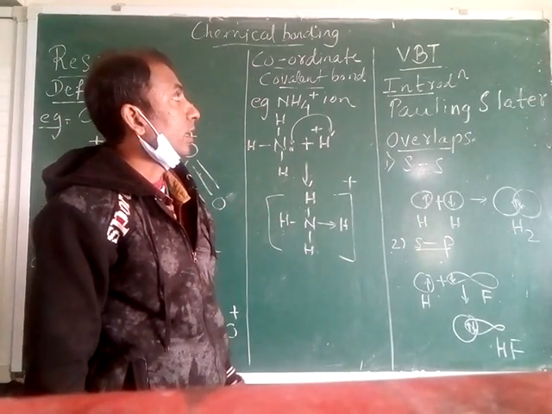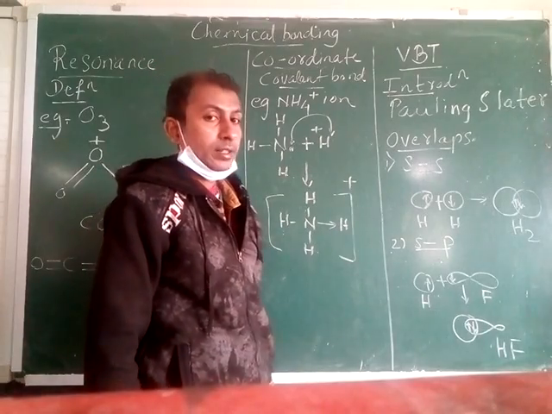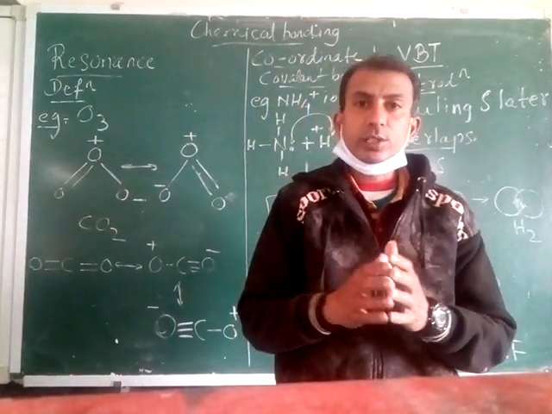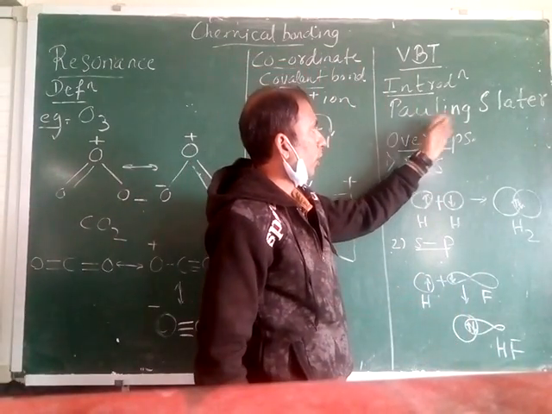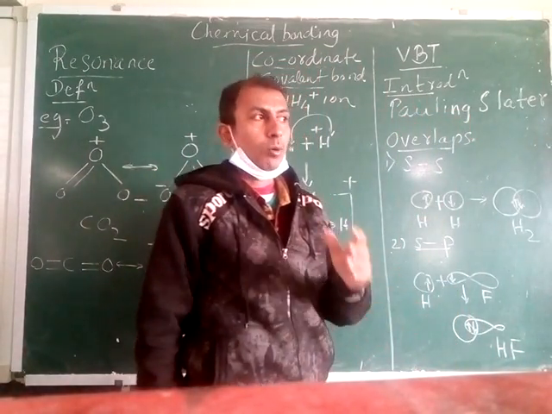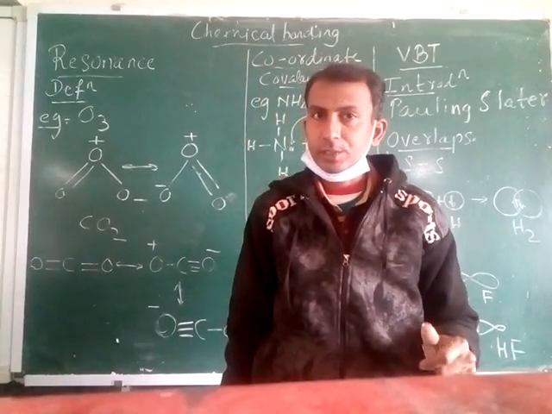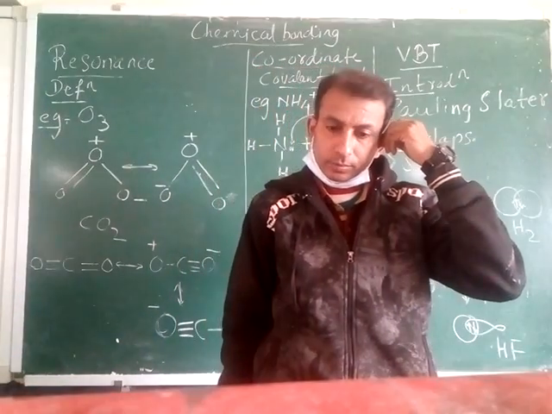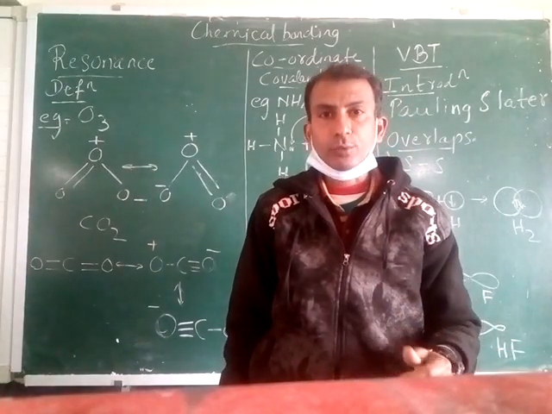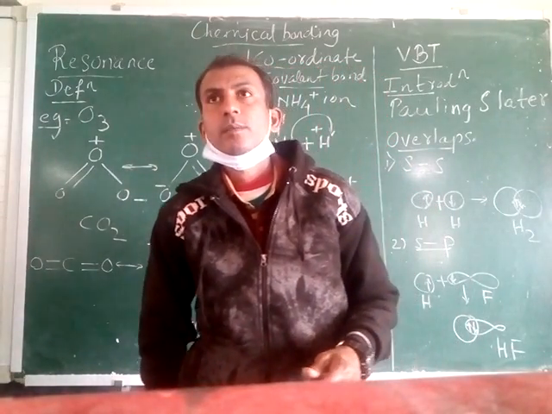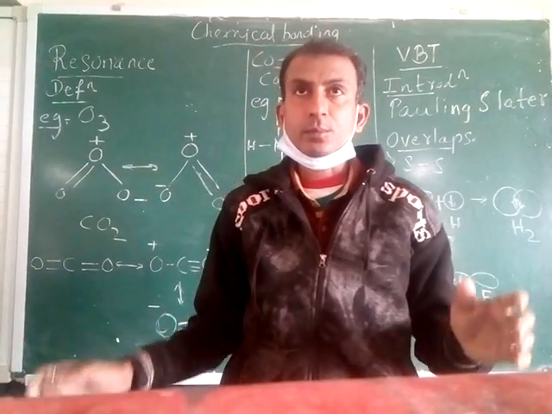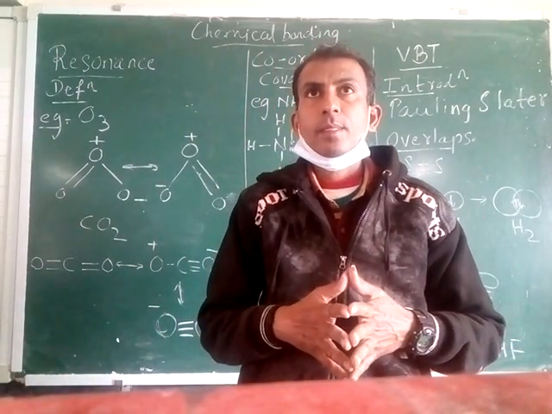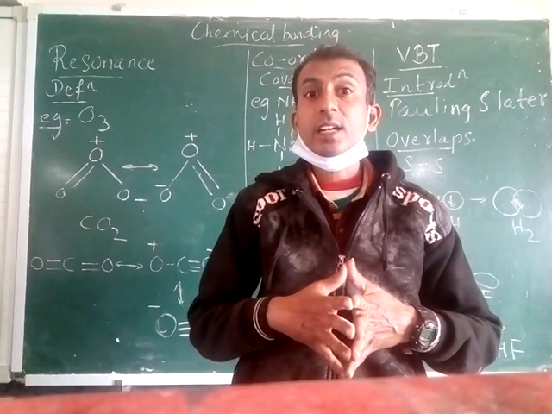In that, the first one is valence bond theory. Now how to introduce this particular theory. According to this theory, which was given by Pauling and Slater, the chemists, whenever a covalent bond is formed, the atoms which are going to form covalent bonds should have atomic orbitals containing a single electron.